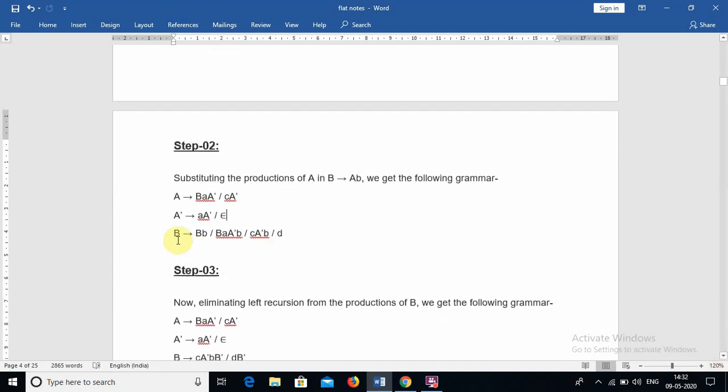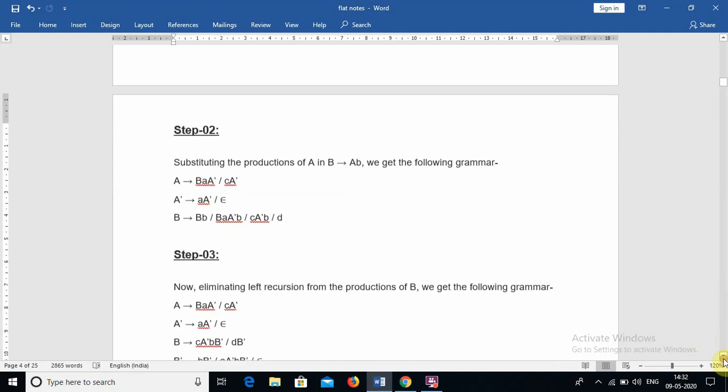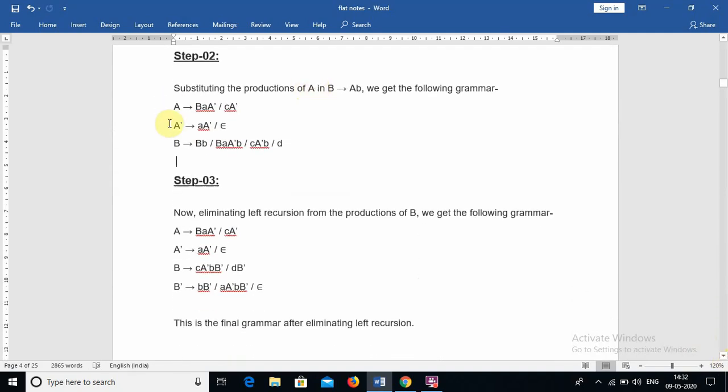Here we have a left recursion: B to B B1 production rule and B to B second production rule. We have a left recursion here. Then we can remove this left recursion. How can we remove it? B to, wherever we don't have a B, we can first write them. So here B to C A1 B B1.